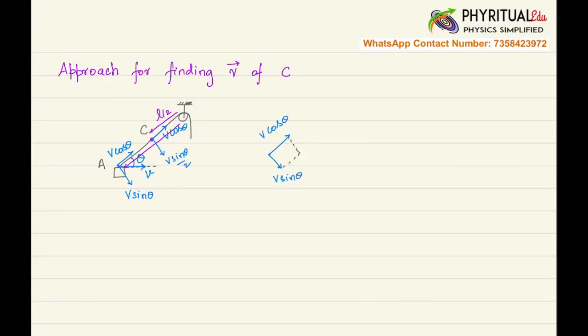Right now, if you are going to pay attention to the orientation of the string, the pulley is over here, a small pulley. After some time, the string is going to be in this particular orientation. Note that the end of the string is connected to the block. If I call that end as A, so point A is moving in a straight line. It has moved from A to A dash.